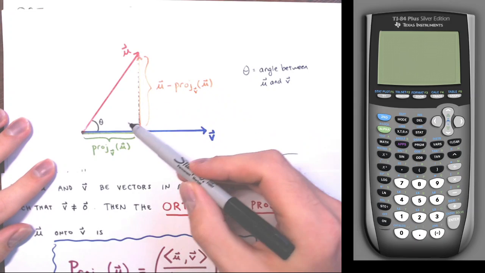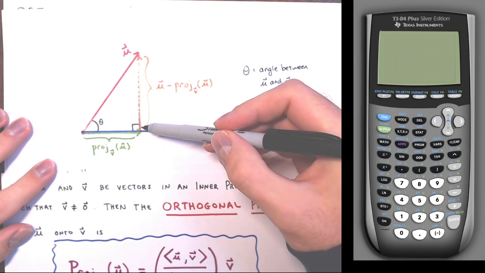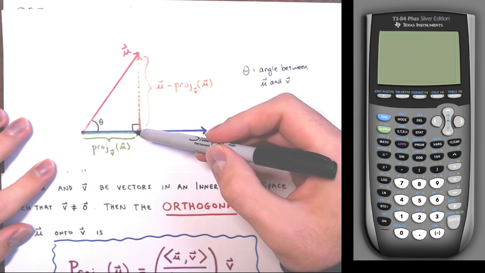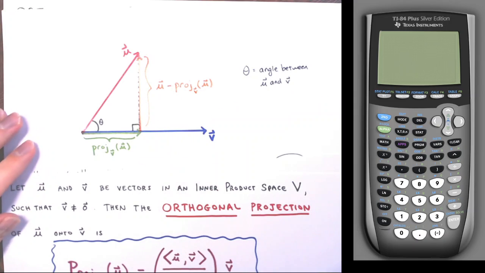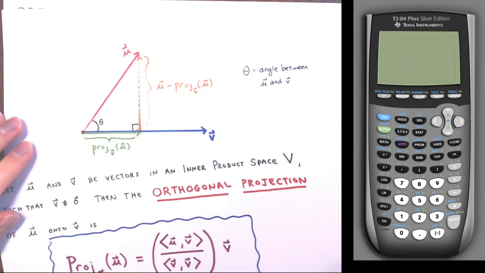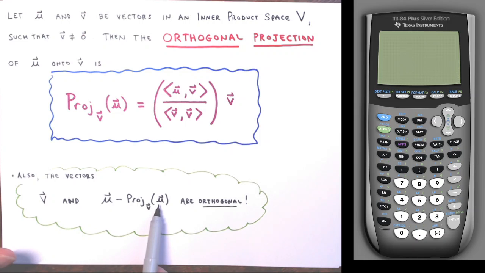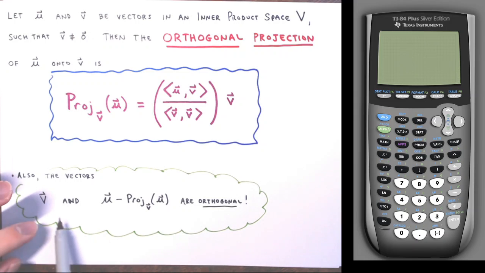You see how v and u minus the projection of u onto v are orthogonal under the dot product here. They form a 90-degree angle. And that is going to be the case in general. So the vector you're projecting onto and the vector you're projecting minus the projection vector are orthogonal, meaning their inner product will be 0. And we will show you this in some examples coming up.